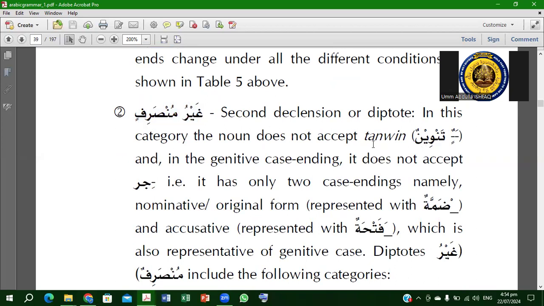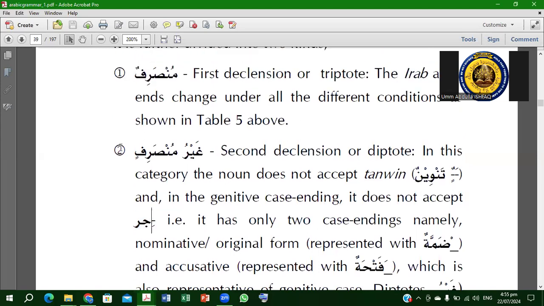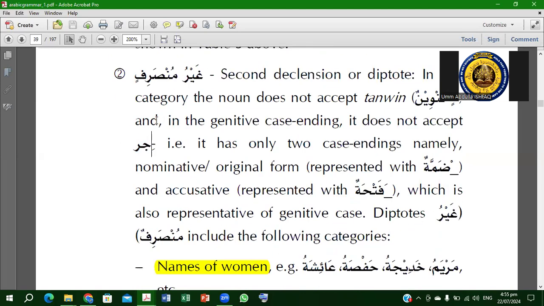They don't accept tanween and they don't accept kasra, yani halat jar. Okay, this is their restriction. That's why they are partly flexible. What don't they accept? They don't accept tanween, yani double haraka, and they don't accept kasra, yani jar. Okay, so that is partly flexible, and munsarif is fully flexible.